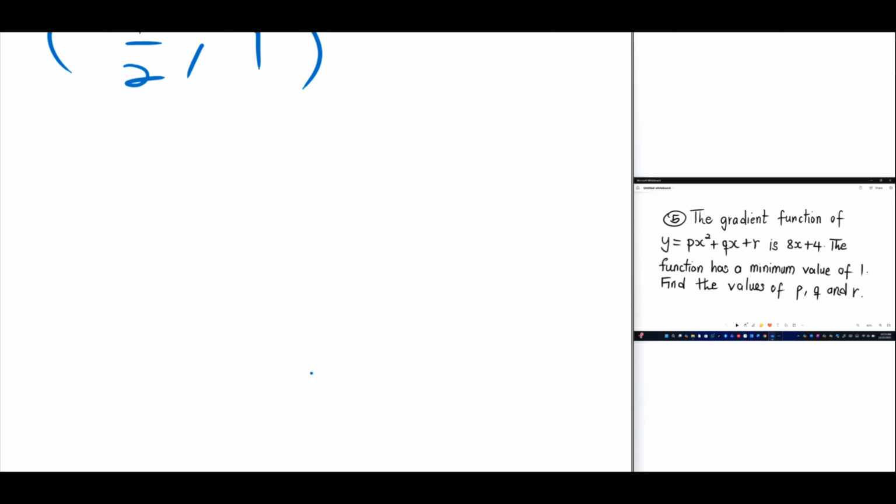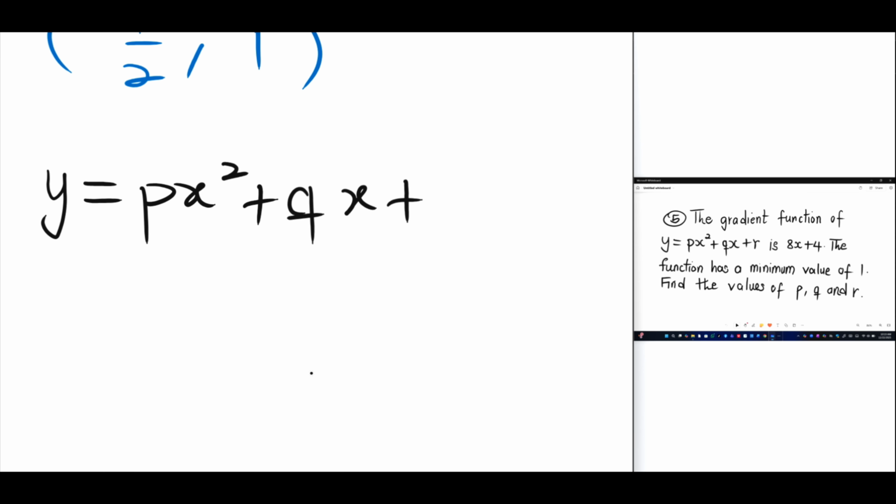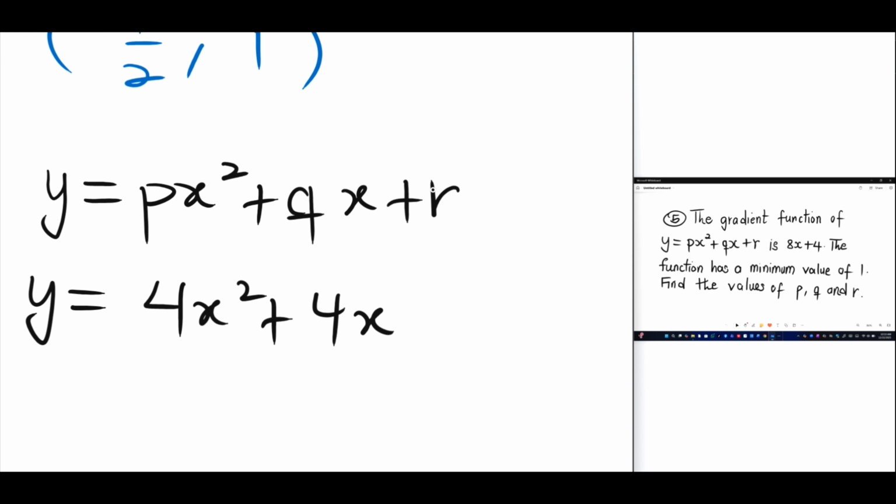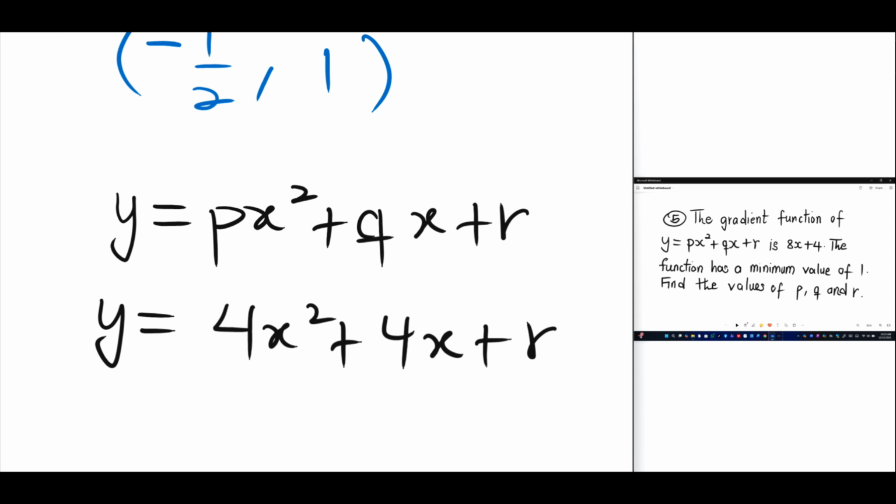So let us bring back our curve. y is equal to px squared plus qx plus r. We know the value of p to be 4, so 4x squared plus 4, q is also 4, 4x plus r. Now, since the turning point is on the curve, it must satisfy the curve.